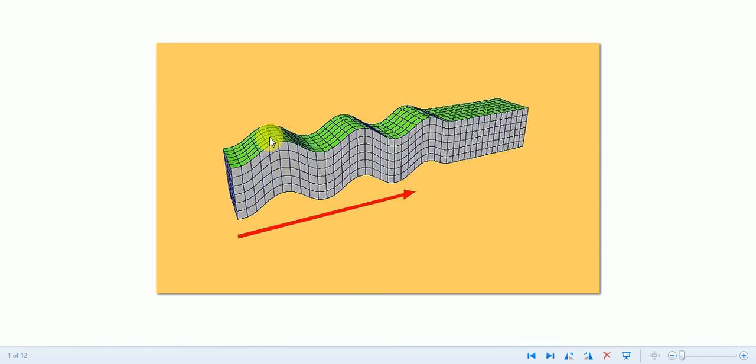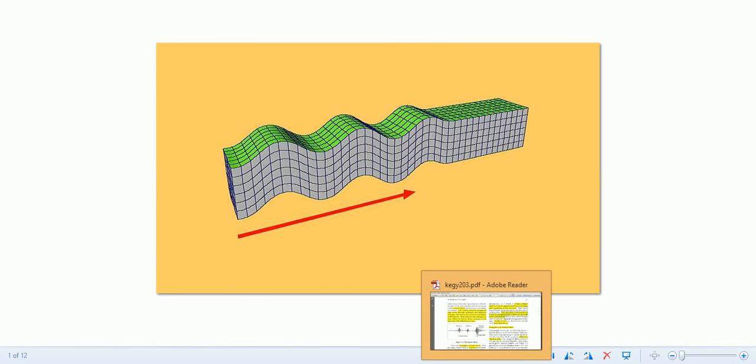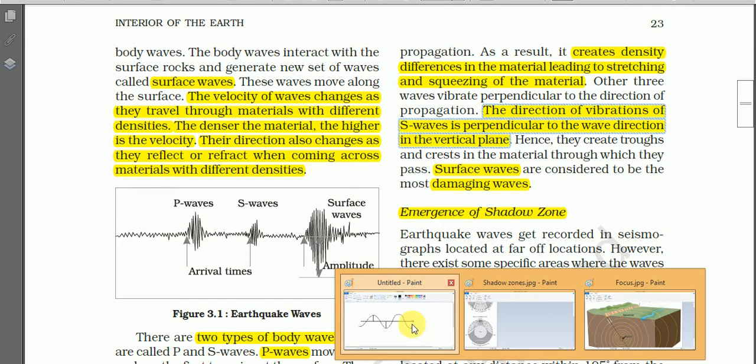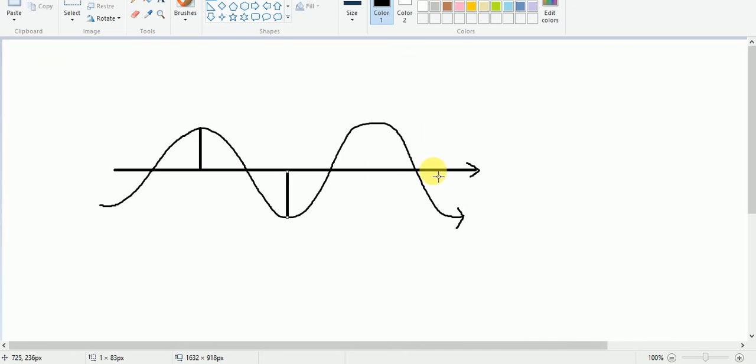It creates this crash and throw perpendicular to the direction of the movement as given here. The direction of vibrations of the S wave is perpendicular to the wave direction in the vertical plane, just as I showed you earlier. This is the direction of propagation, and here these S waves are moving like this, up and down.